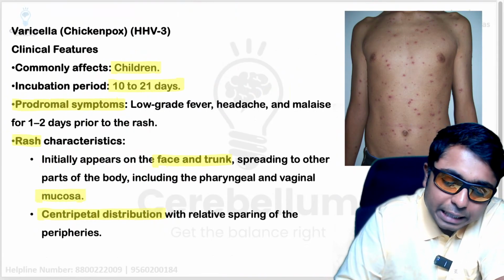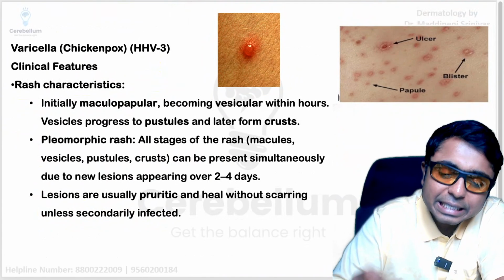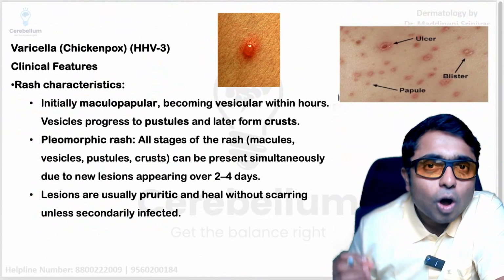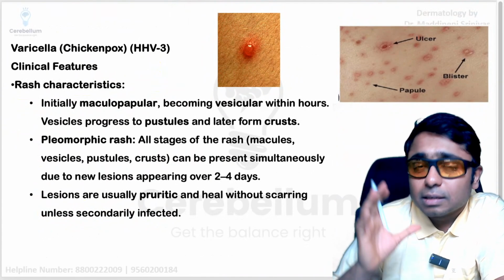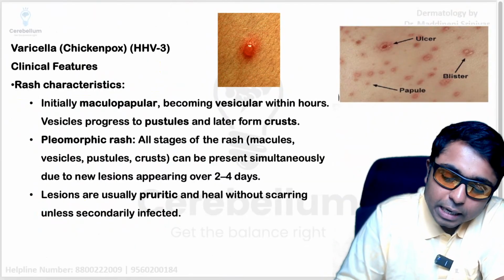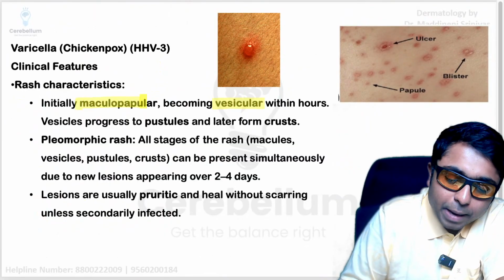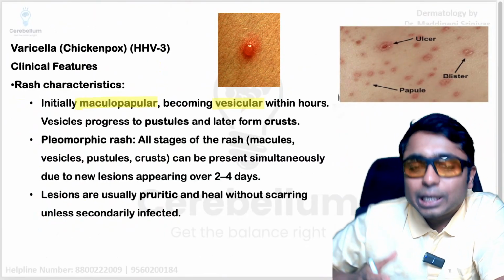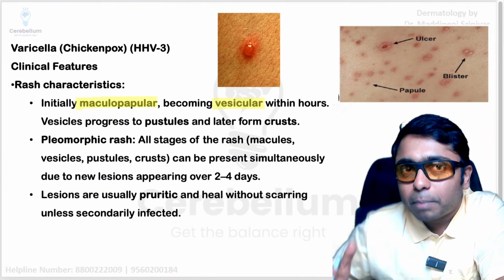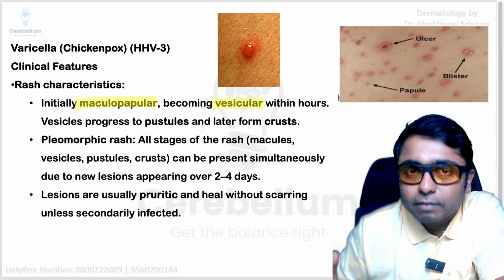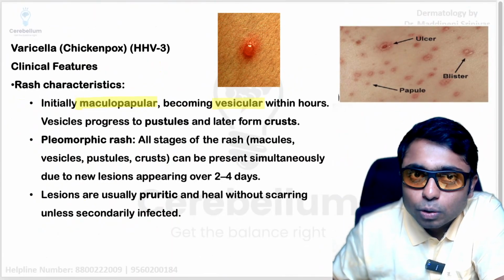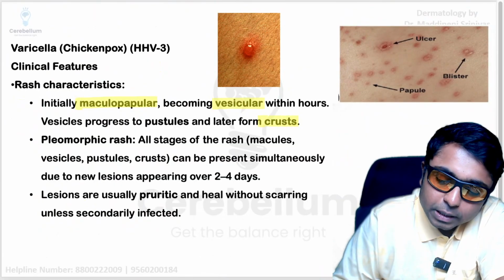And what are the lesions which we are going to see classically in patients of varicella or chickenpox? The rash is classically vesicular. Vesicular is fluid filled rash, but yes, there can be maculopapular rash initially. So these macules will become papules, and papules will become vesicles, vesicles will become pustules, and ultimately they are going to form crusting.